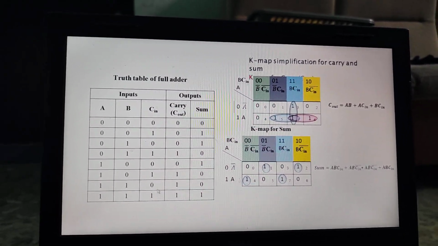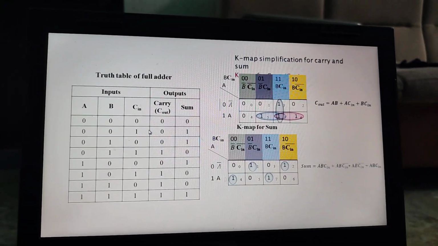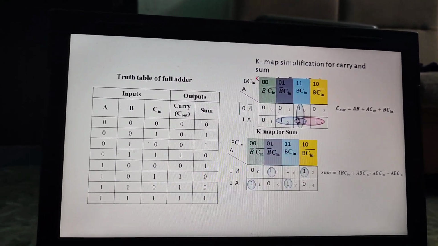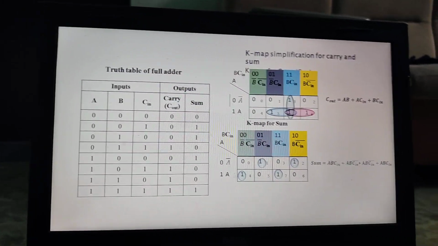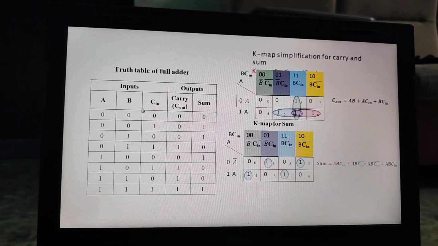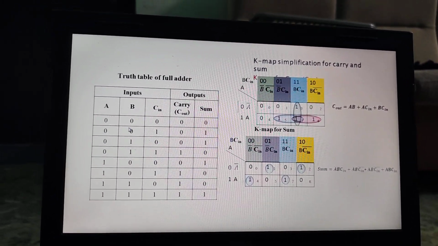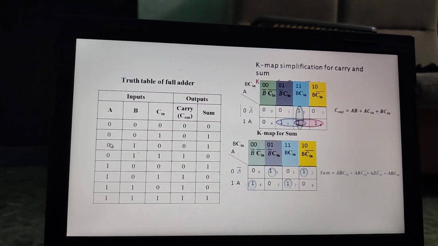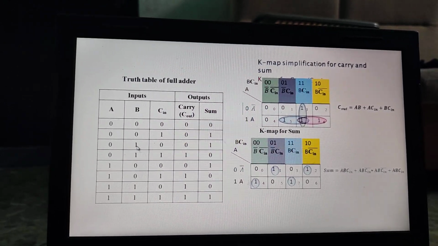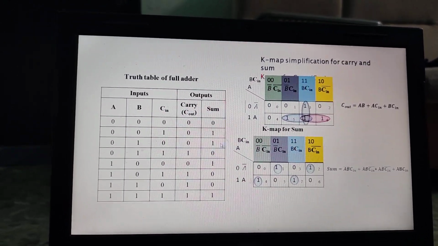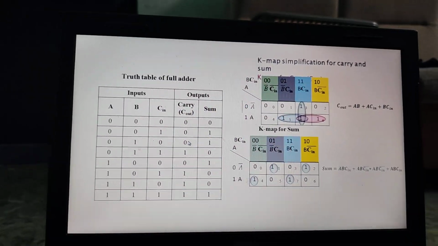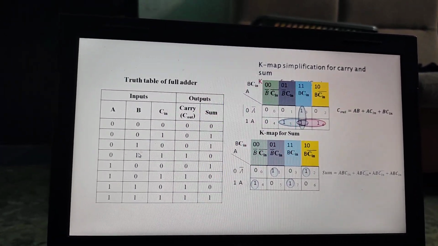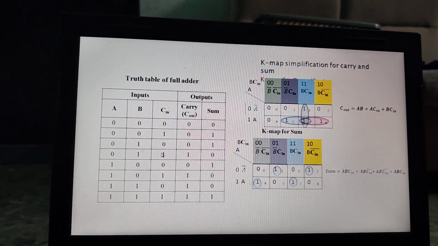And next what we have to do is, we have to do the addition process, right? 0 plus 0, 0. 0 plus 0, 0. That is our first output. And 0 plus 0, 0. 0 plus 1, 1. So sum is 1, carry is 0. 0 plus 1, 1. 1 plus 0, 1. Sum is 1, carry is 0. 0 plus 1, 1, 1 plus 1, 10.